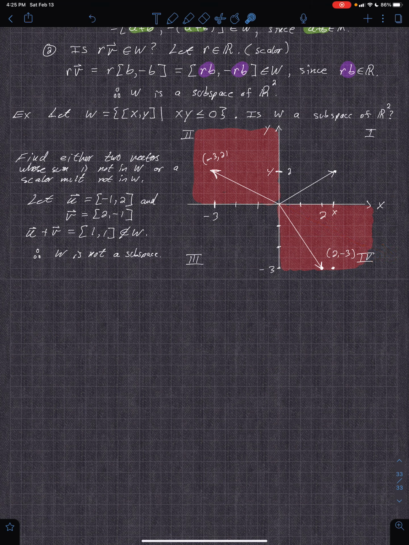So scalar multiplication actually works, but addition does not. Okay, so it's not a subspace of R2. Actually, you got to say of what? Of R2. Okay, let's move on to other stuff. We will stop there.